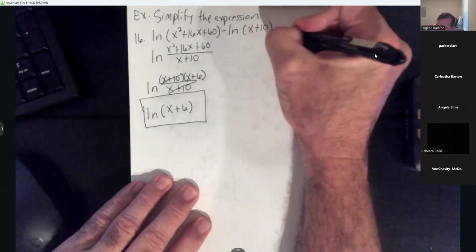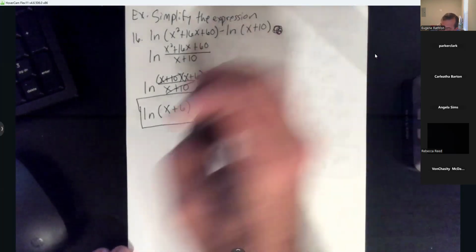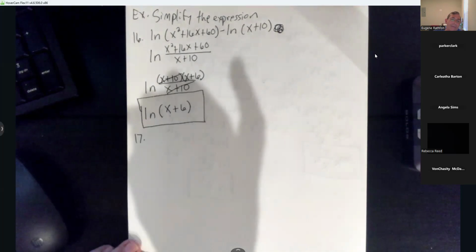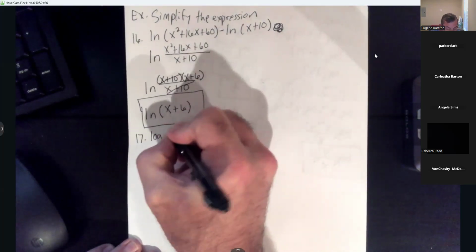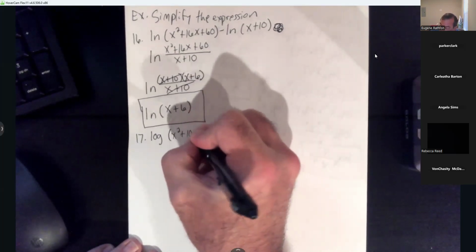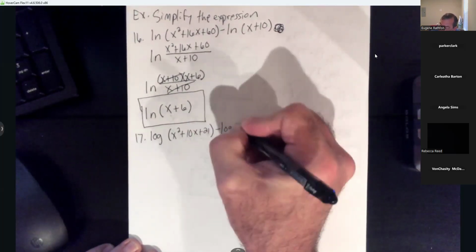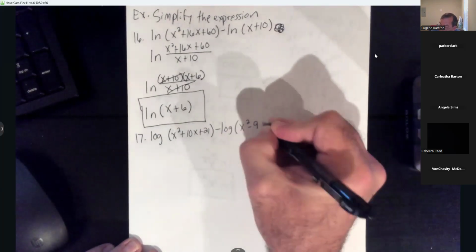All right, y'all, let's see what 17 has. Let me bring that one down here. 17, basically the same thing, but they're using logs. Log of x squared plus 10x plus 21 minus a log of x squared minus 9.